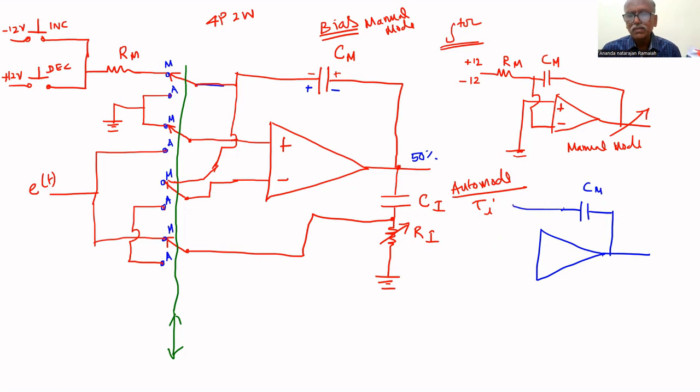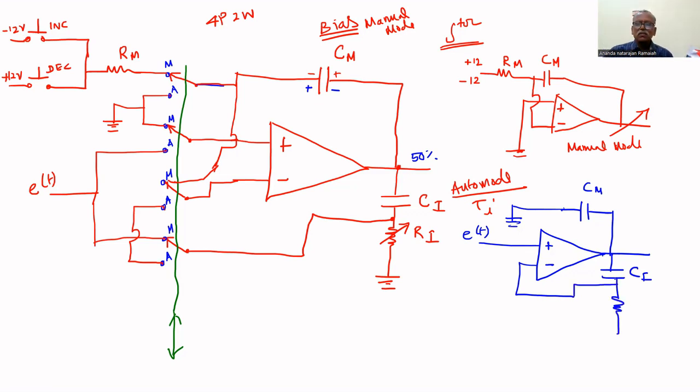This end is grounded. Positive terminal is given E of t, and negative terminal is connected to the capacitor Ci. That's all. This is in auto.